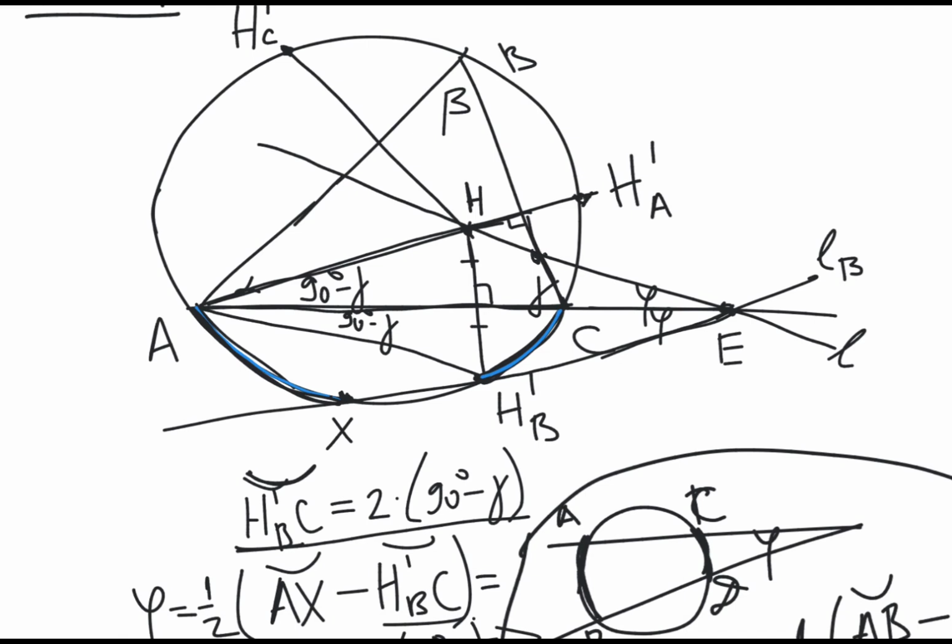We connect H_A prime with this, something like this, and we denote the intersection point as Y. And we will prove eventually that X and Y are the same point. So for this we will calculate again the arc AY now. To calculate the arc AY, we employ the same strategy.